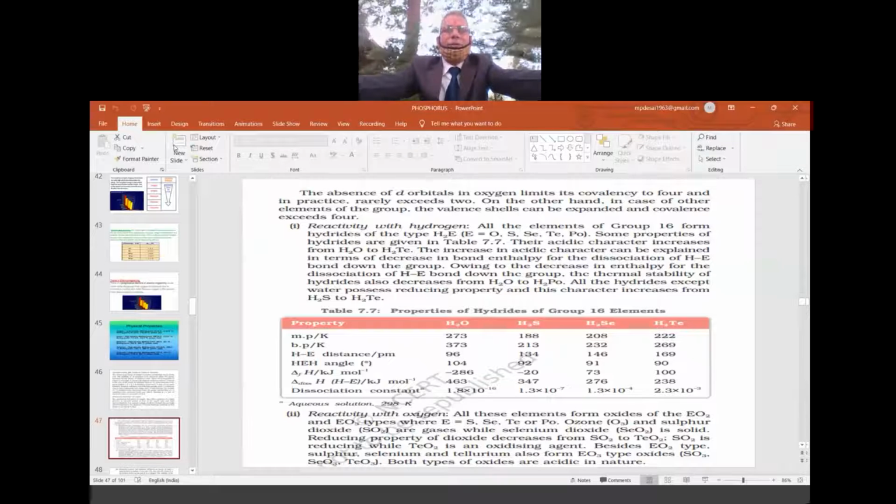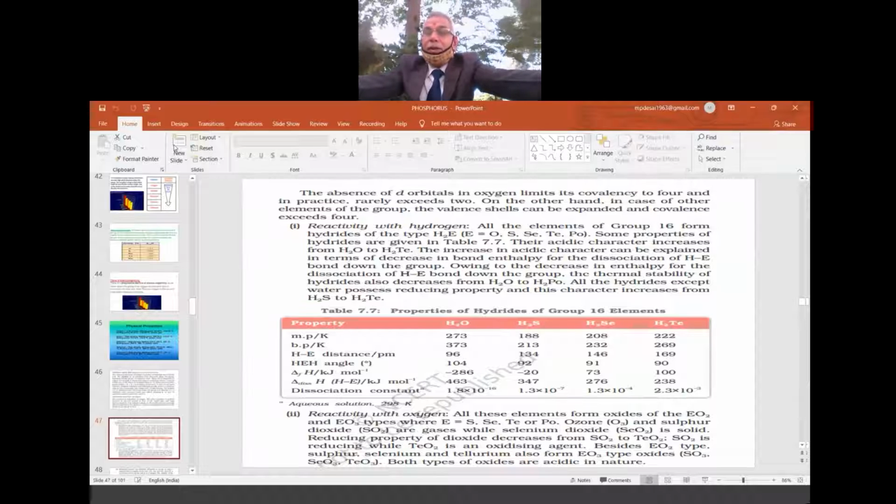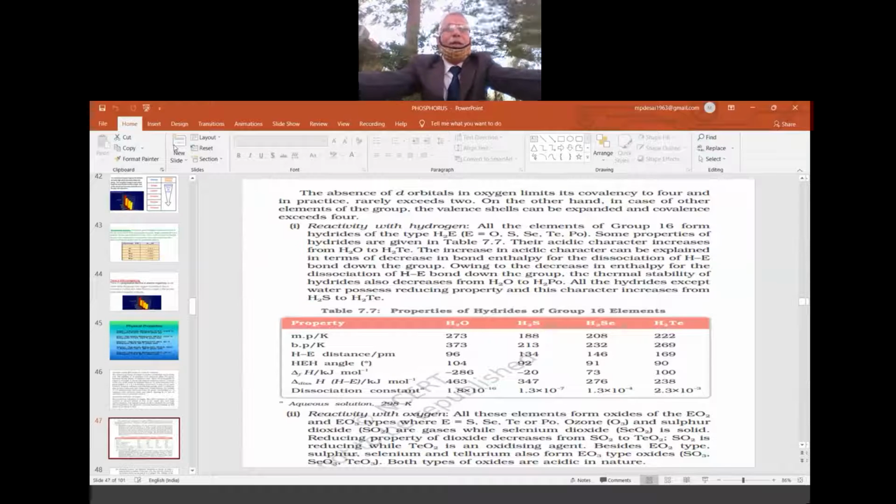Then release of hydrogen becomes very easy, whereas the electronegativity decreases from top to bottom. So when it decreases, we don't expect the polarity. That's why it is said that the acidic property increases from H2O to H2Te. At the top, water has hardly any acidic character.